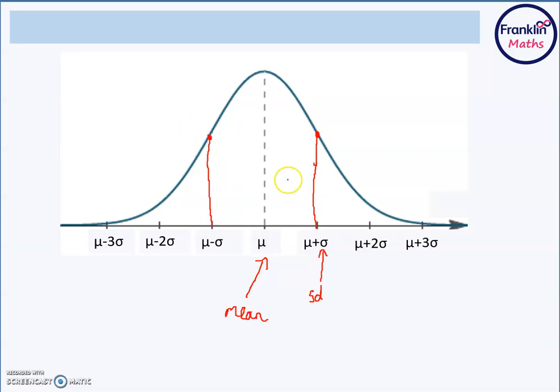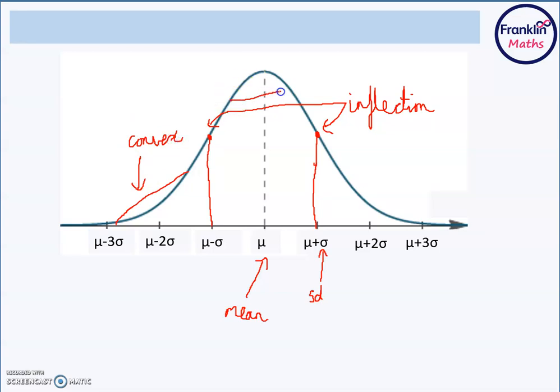Now, a couple of important points. We know the exam board are quite picky with certain things, and they love to catch students out. So this is worth noting. This point here and this point here, these are inflection points. On from your pure work, this is where the graph goes from convex, and this bit of the graph here is concave.